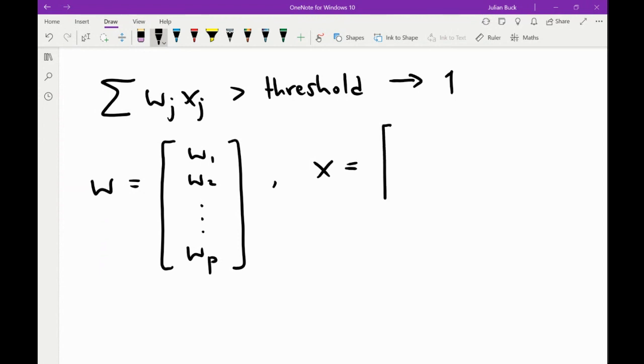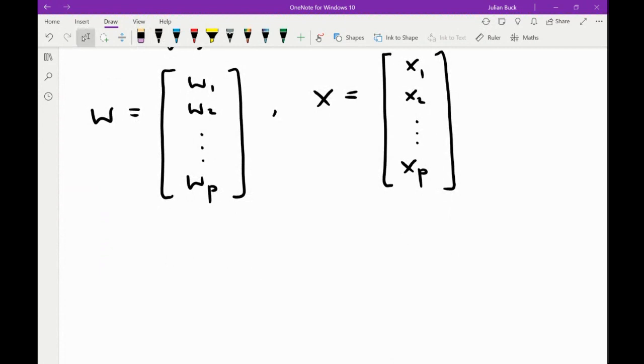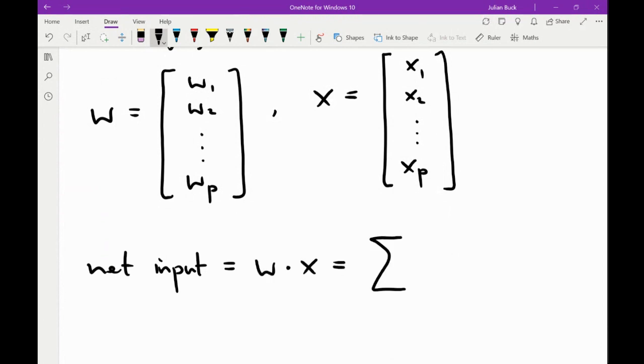If we want a computer to do this, it's helpful to have it in matrix-type notation. Same thing with the features. We'll encode the features as a vector, x1, x2 up to xp. Then the net input function is simply the dot product, w dot x, which is by definition exactly the sum product we're talking about: the sum from j equals 1 up to p of wj times xj.